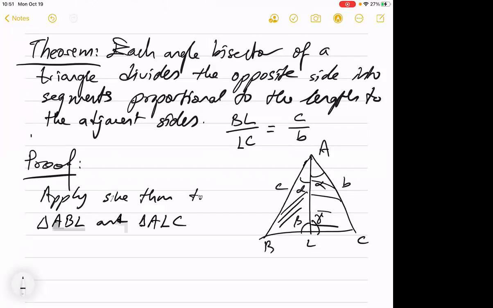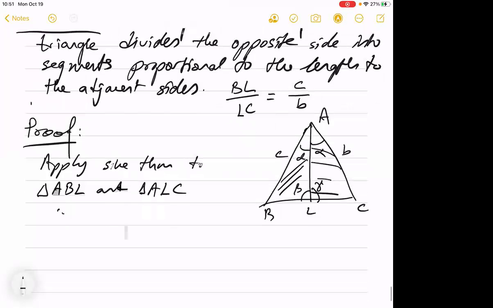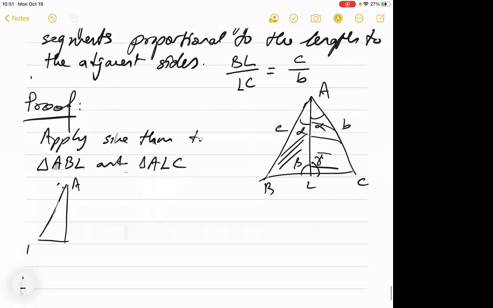If you look at the triangle ABL, this side is c. Then BL over sine alpha is equal to c over sine beta. So that is beta.